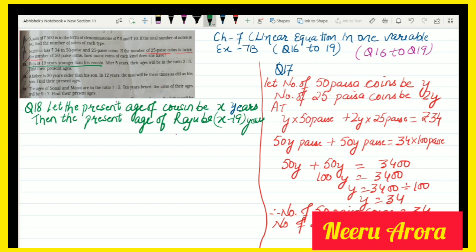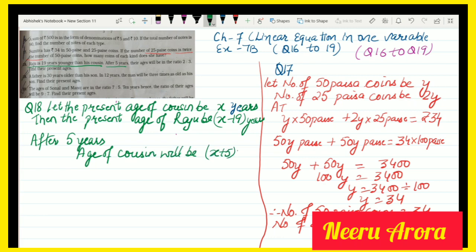If he is elder or older, we will add their ages. So according to the statement, what is written next? After 5 years. So what will be the effect on the ages after 5 years? The age of the cousin will be x plus 5.